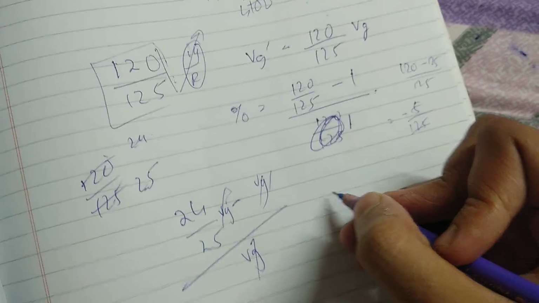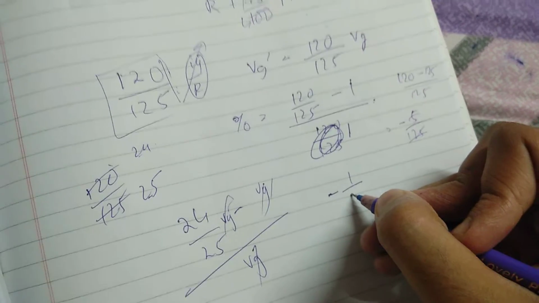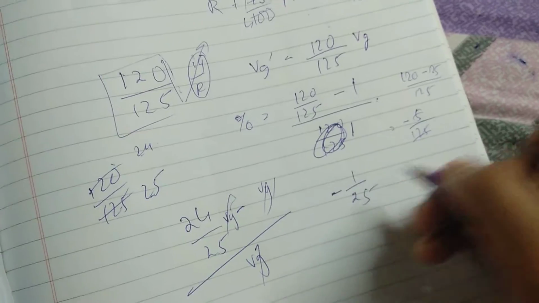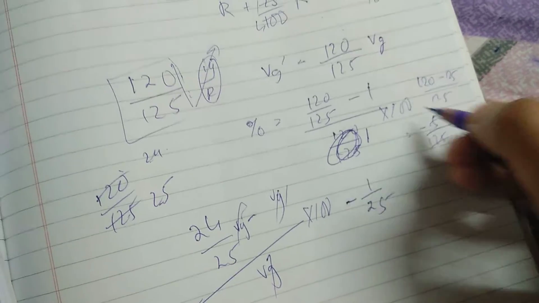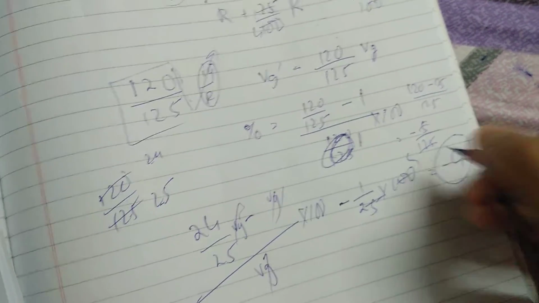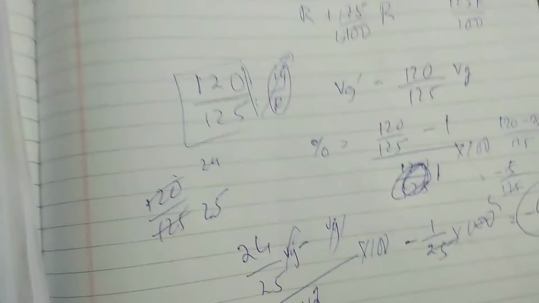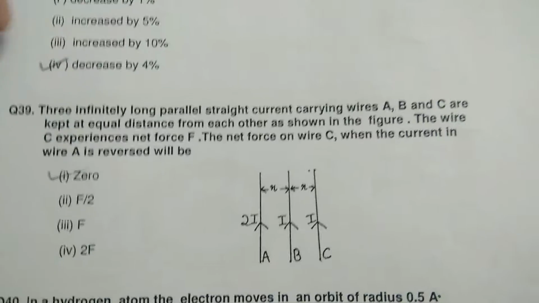So I was doing right only. So minus 1 over 25, into 100. I just forgot the into 100 part. So in this case into 100, so minus 4. Extremely sorry for the inconvenience. So decrease by 4%. Minus means decrease and we are getting 4, so decrease by 4%.